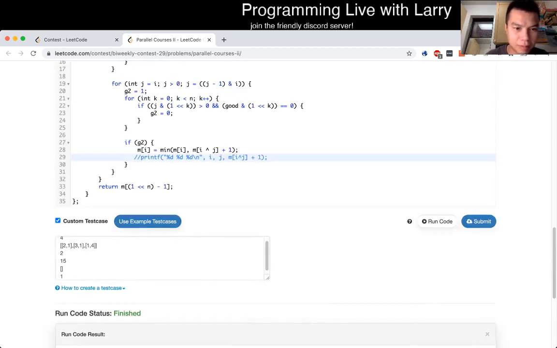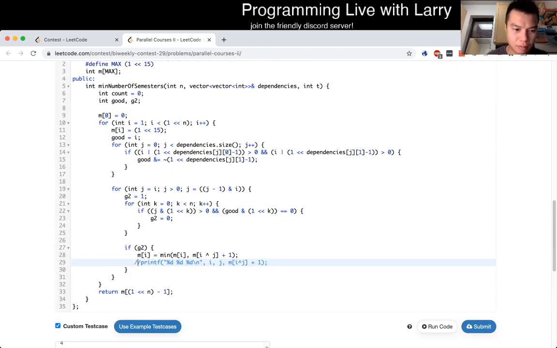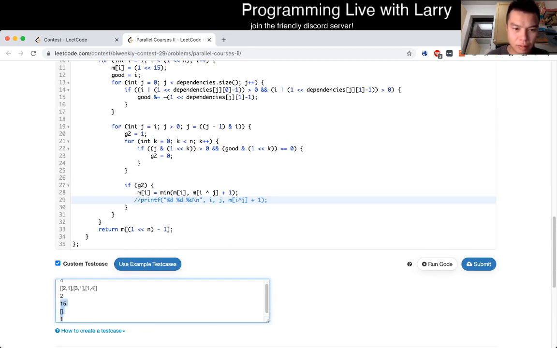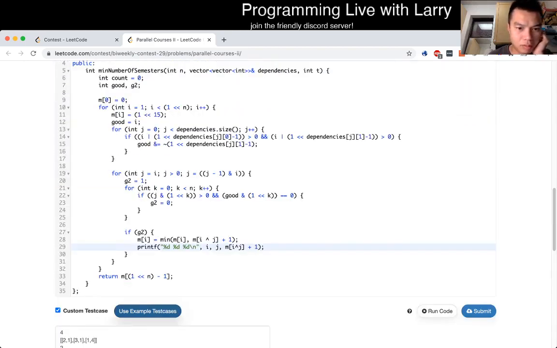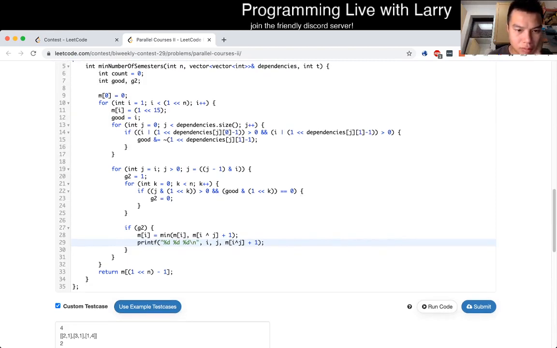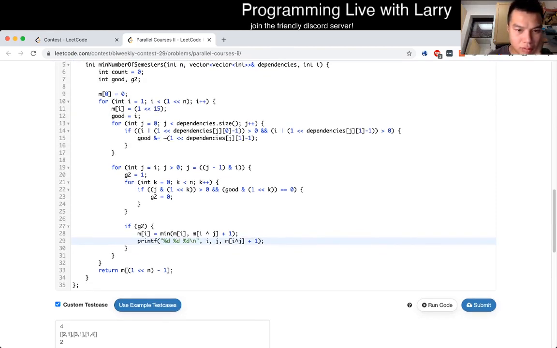Still pretty slow, but to the count thing.